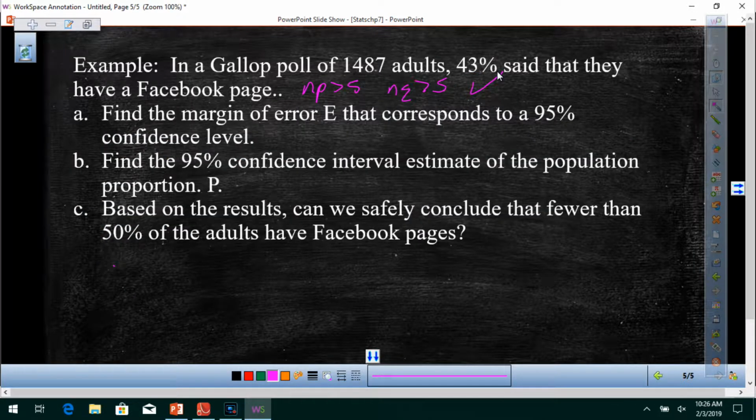So now let's find the margin of error E that corresponds to a 95% confidence level.